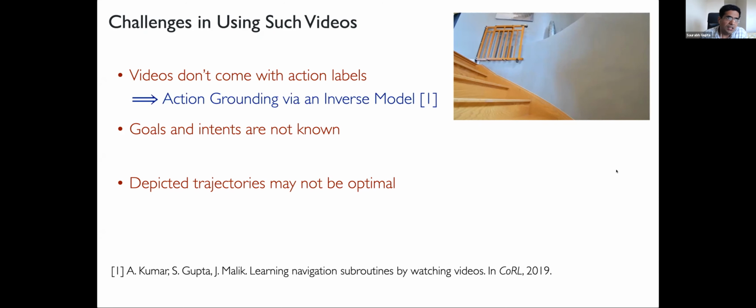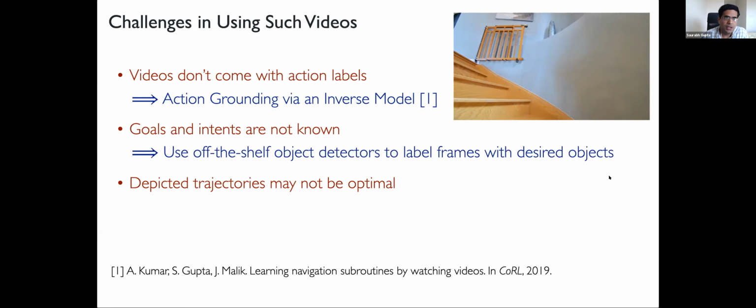So the first problem that we had, which is that these videos don't come with action labels, we are solving by doing action grounding by training an inverse model. And I'll say more about that in just a second. The second aspect, which is that goals and intents are not known, we are going to be using an off-the-shelf object detector that can label frames that have the desired object of interest, right?